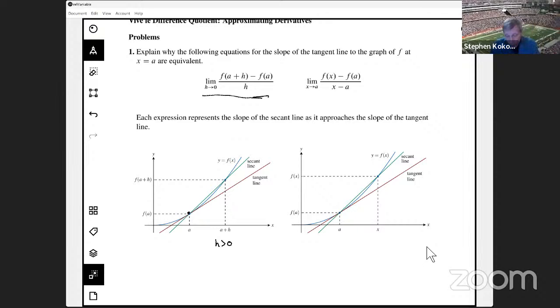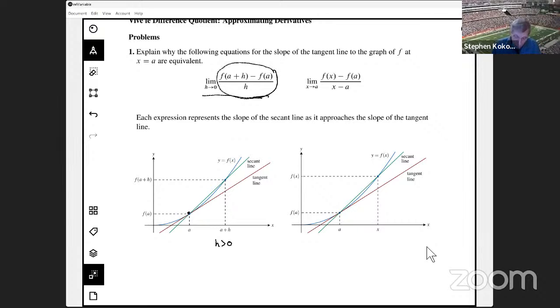All right, if I've drawn this well enough, I know how to find the equation of that secant line. That's just the rise over the run for the slope. So let's see. If I do that, that's just f of A plus H minus f of A divided by the run here, A plus H minus A. And that's exactly this expression right here.